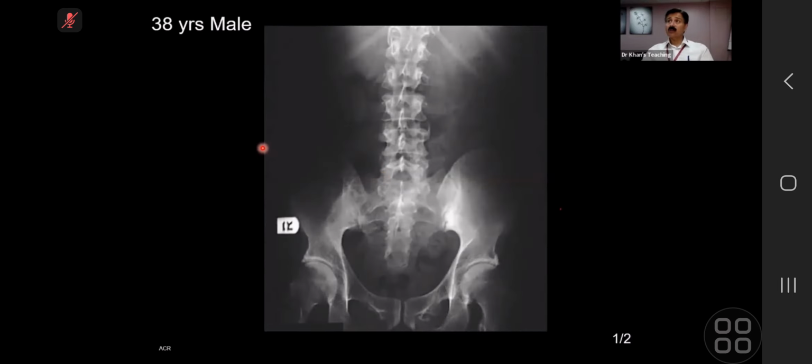Okay, candidate 4. This case has bilateral asymmetrical sacroiliitis. What is happening in the spine? Can you pick up anything in the spine? Yes, I can see there are floating syndesmophytes, which are not marginal, involving the lumbar vertebrae.